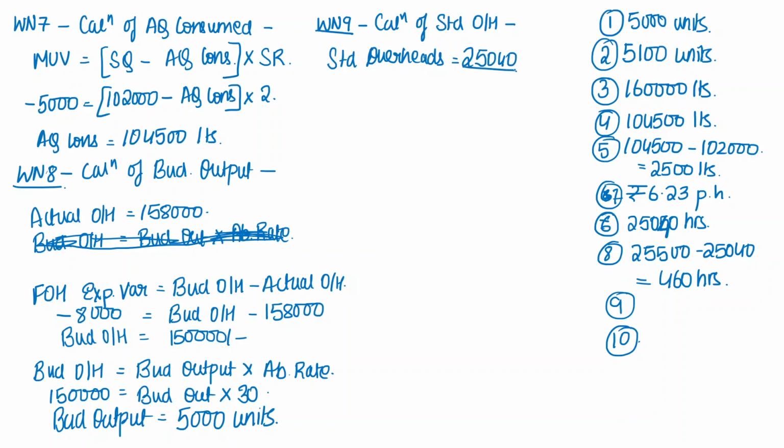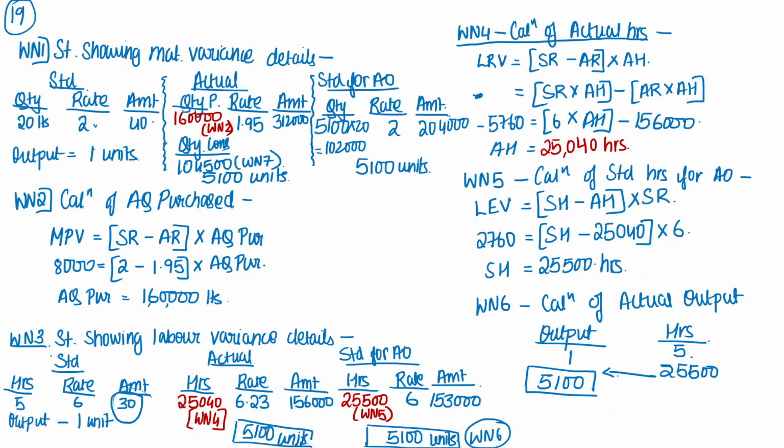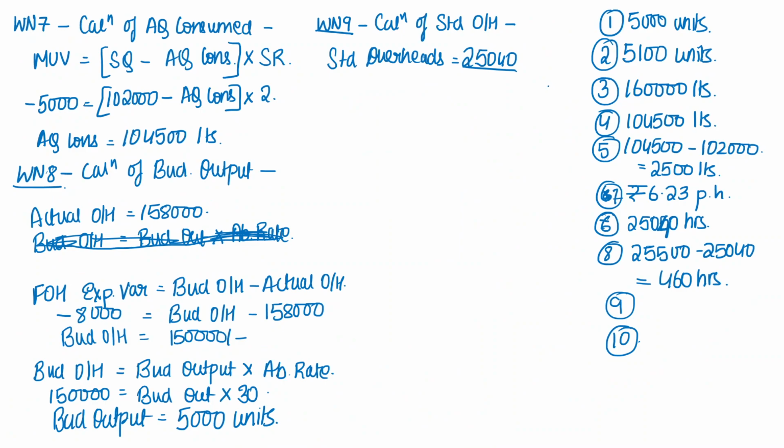As per the standard, one unit should have taken how many hours? So you would have done a standard production of these many units, right? And per unit you would have absorbed 30 rupees. So what is your standard overhead? 1,50,000 240.